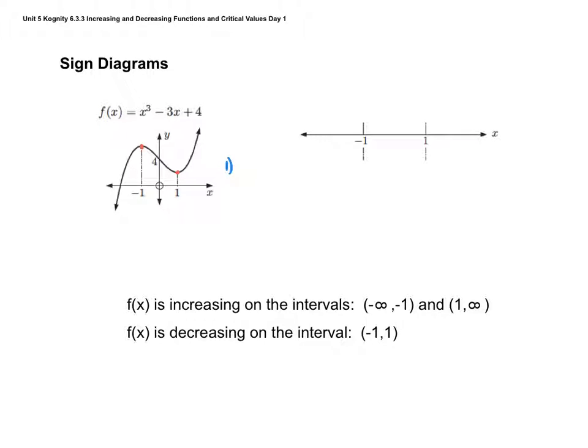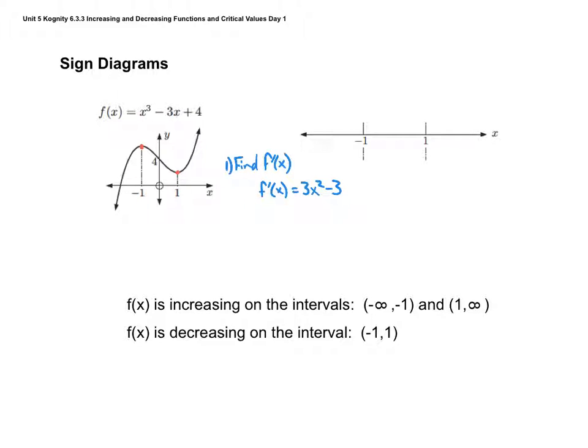First of all, at this point in calculus, if we're not sure what to do, what do we do? Find the derivative. So we're going to find f prime of x. In this case, what is f prime of x? 3x squared minus 3. Yeah, there we go, 3x squared minus 3. Okay, so that's not bad.